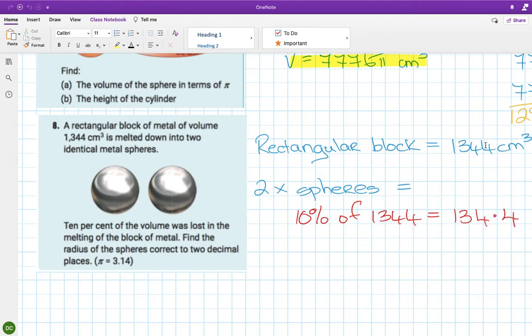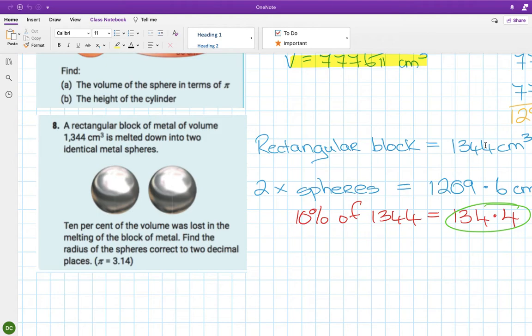So that means the 2 spheres, 1344 minus 134.4, the 2 spheres have a volume of 1209.6 centimeters cubed. Okay, this is how much was lost in the making of the 2 spheres. Yeah?